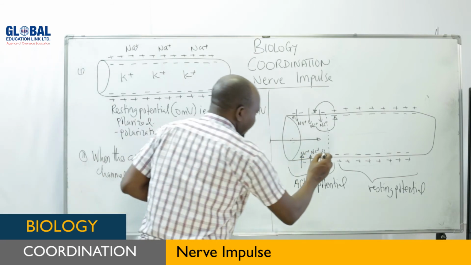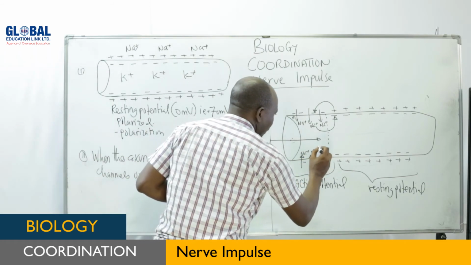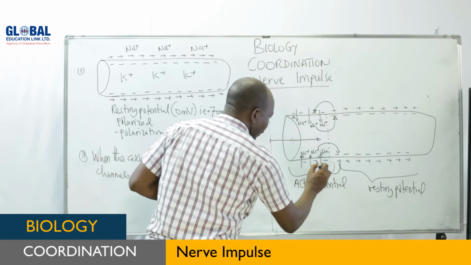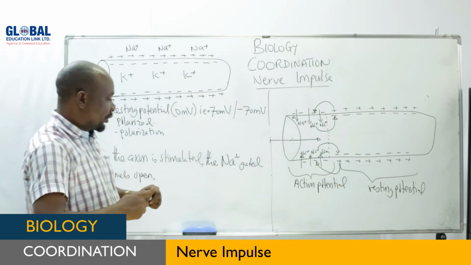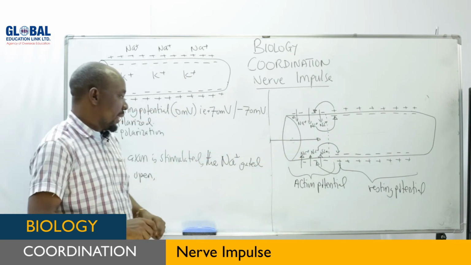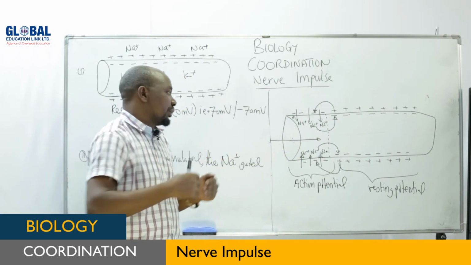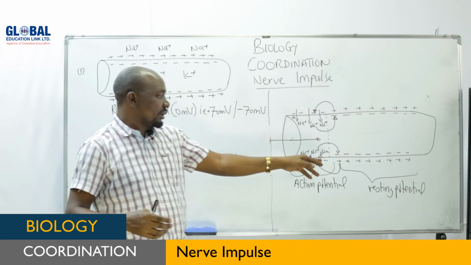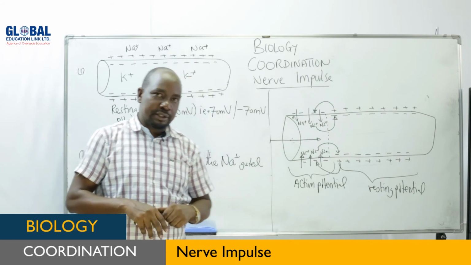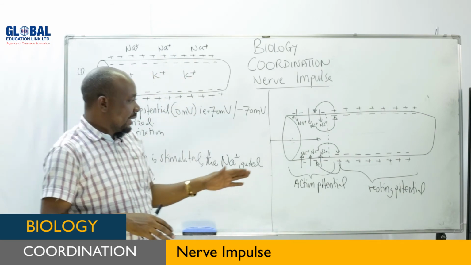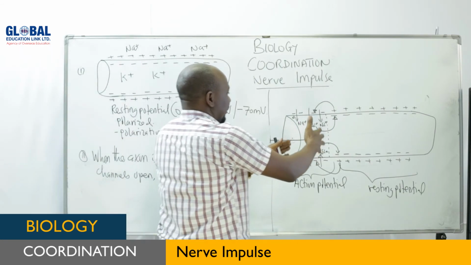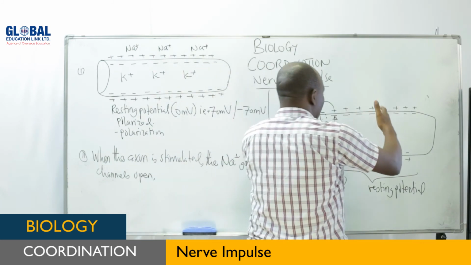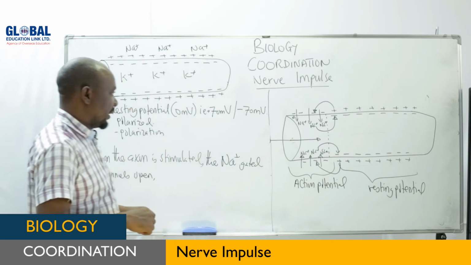Also here, a local circuit is created. These local circuits induce a neighboring part of the axon to be stimulated. And hence, the action potential will move from this part and cause stimulation to the next part.